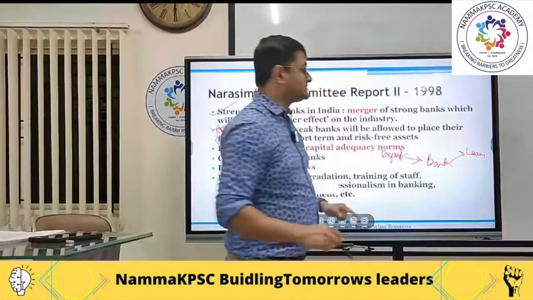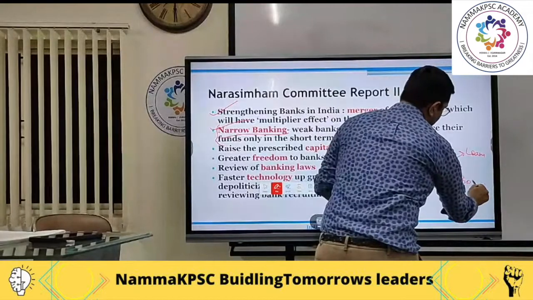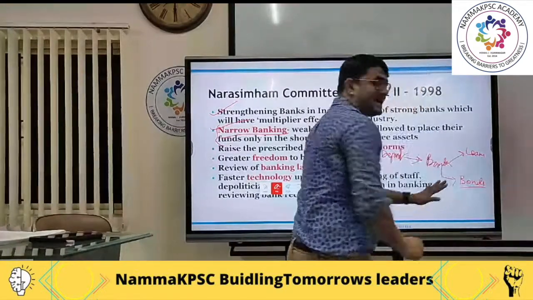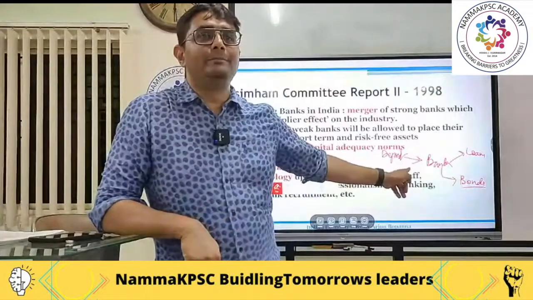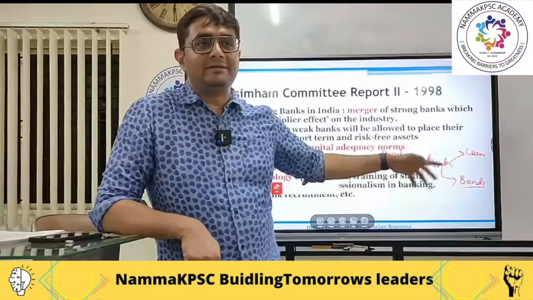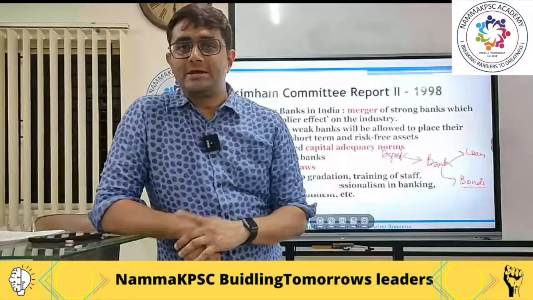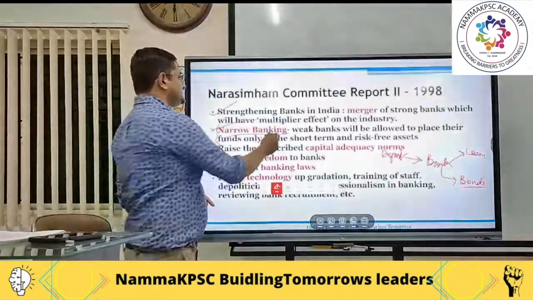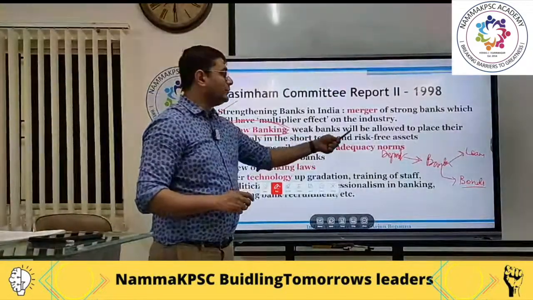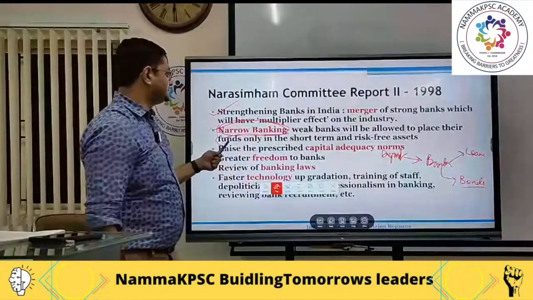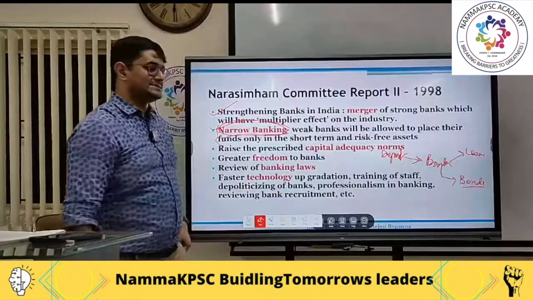So such banks should be investing that money only in safe assets like a bond. Therefore, it will reduce the risk. So such banks are called narrow banks. So weak banks will be allowed to place their funds only in short-term and risk-free assets.